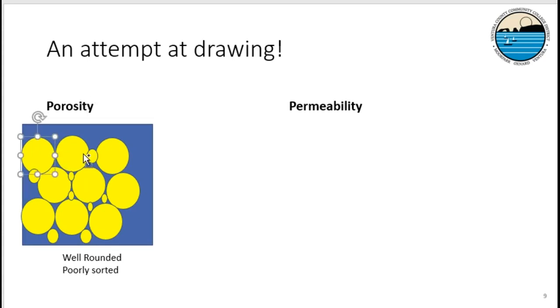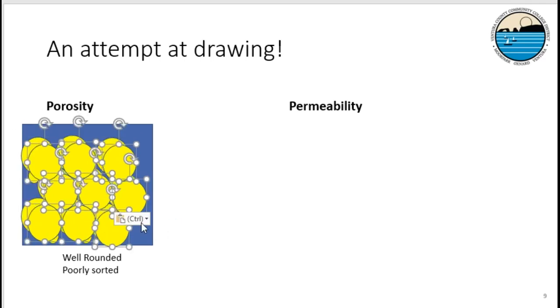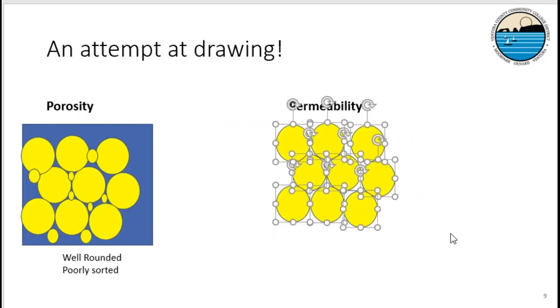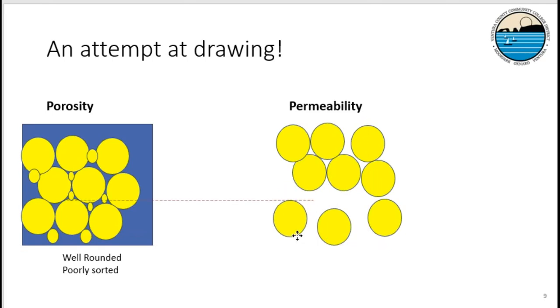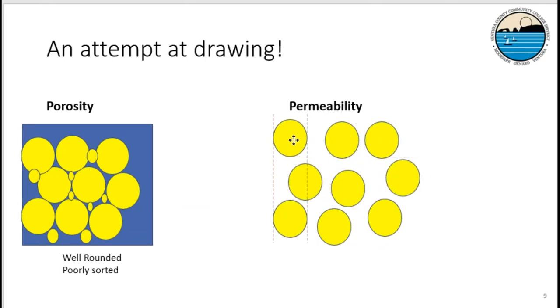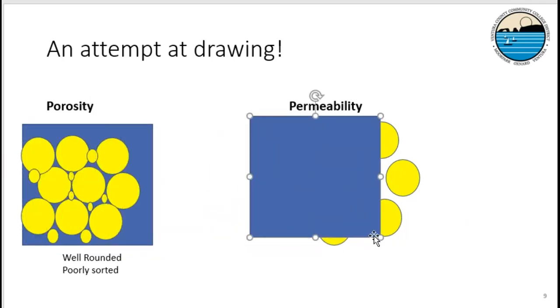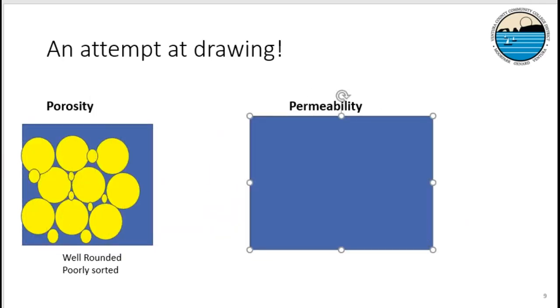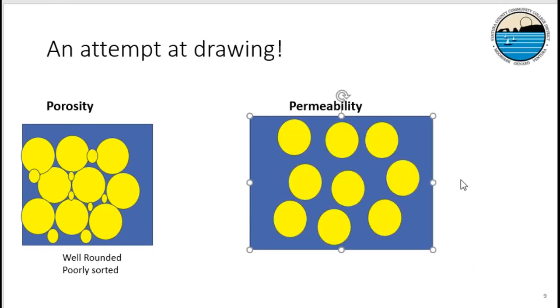Again, I'm going to copy some of these things over here, and we're going to look at what that means for permeability. Okay, so I'm going to move these around just a little bit first. Again, if we were to put this into a container or a box, permeability represents the flow, the ability to flow between grains.